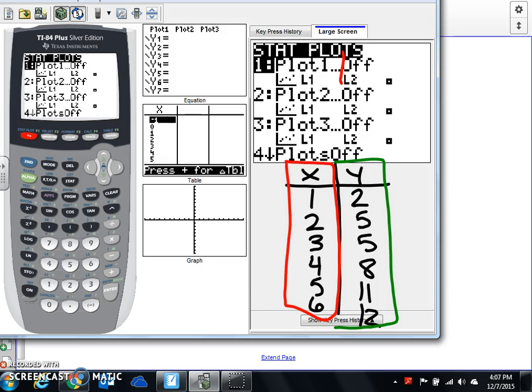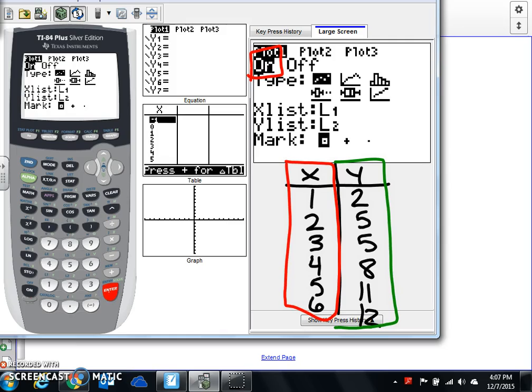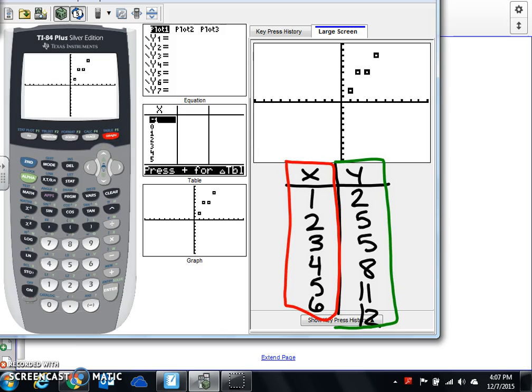This is what you're looking at, stat plot, off. We want to turn that on, so we're going to push enter. Do you see how it's blinking on right here? We push enter because we want our stat plot on. Now go back to graph, and you should see some points.